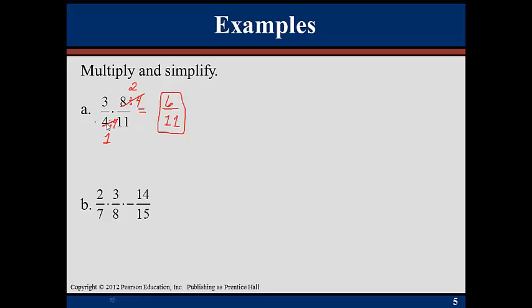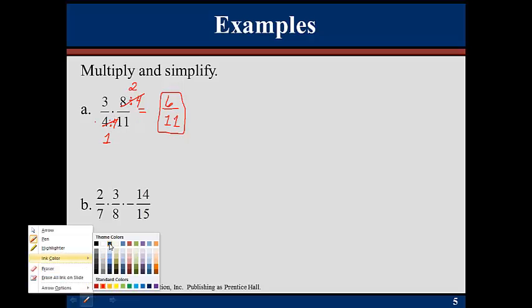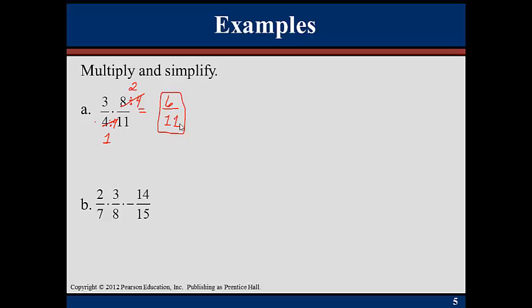If you do not cross simplify in the beginning, and let's say instead you multiply, so 3 times 8 is 24, and then 4 times 11 is 44. Once you get to this step, you'll have to reduce your fraction.